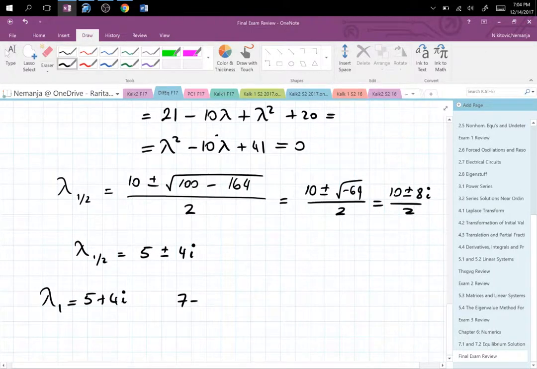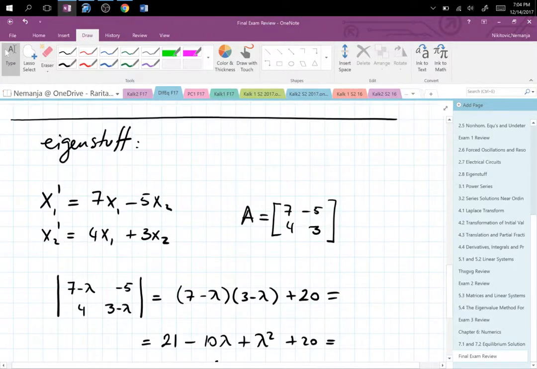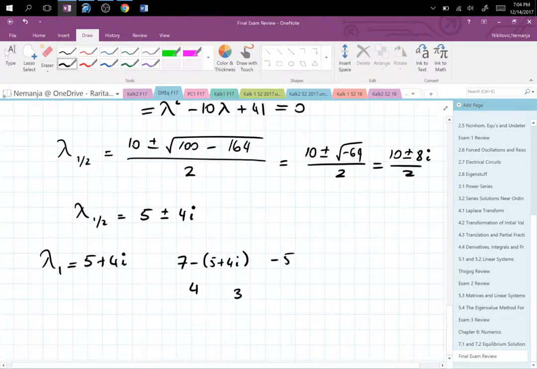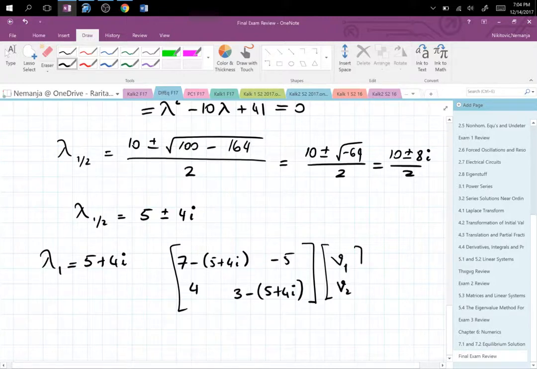So 7 minus (5 plus 4i), and then negative 5, 4, and then 3 minus (5 plus 4i). And that needs to multiply into vector v1, v2 for the eigenvector to give us 0 on the other end.